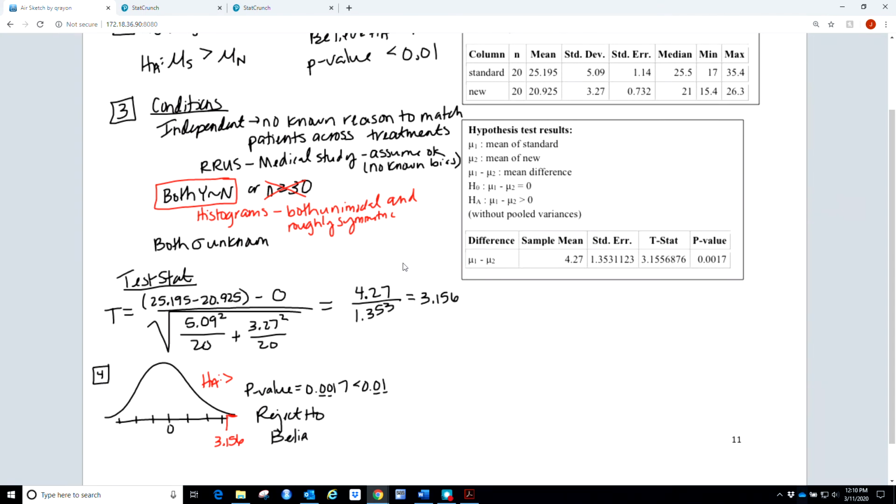We will believe the alternative hypothesis. So what does that mean for our interpretation? Well, our alpha is 0.01. Since we did reject, there is statistically significant evidence.